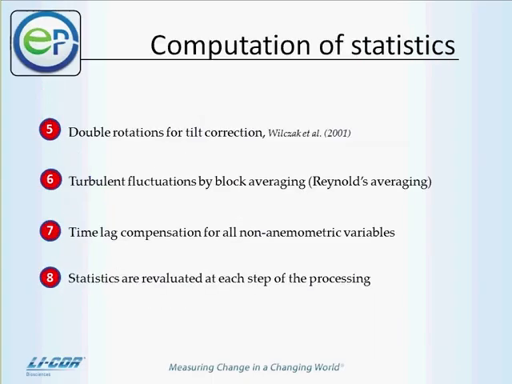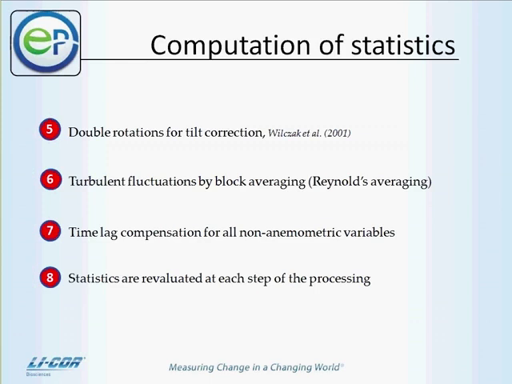After a while, the double rotation scheme is applied to compensate the anemometer tilting with respect to the local flow field. The double rotation nullifies the average crosswind and vertical wind components. The 6th step: we calculate the turbulent fluctuations by eliminating the block average calculated on the whole time series.